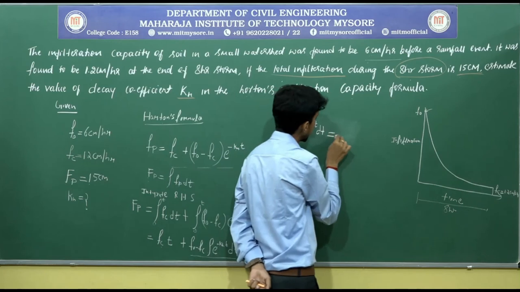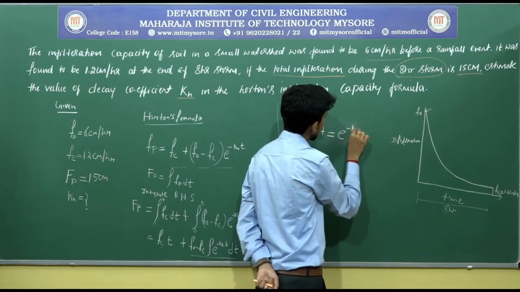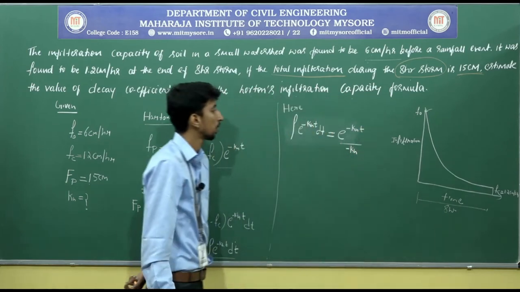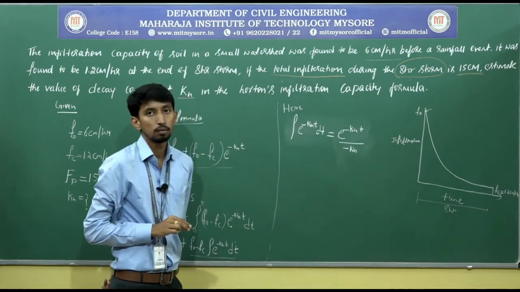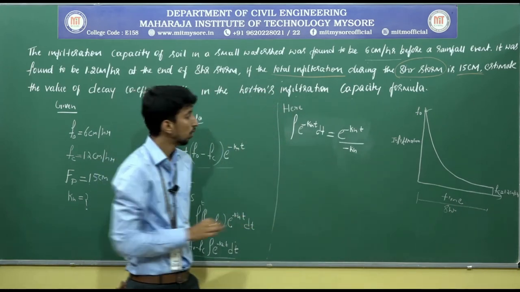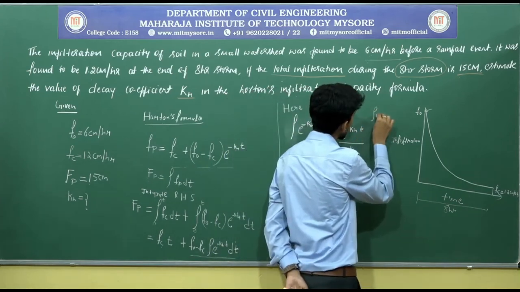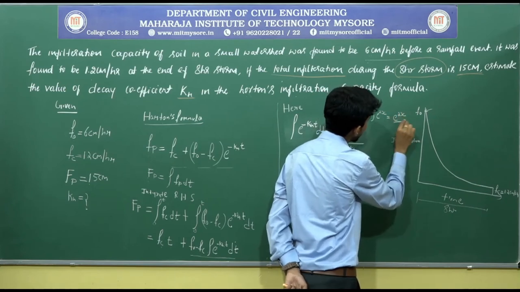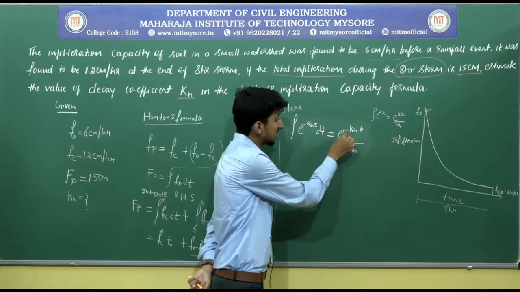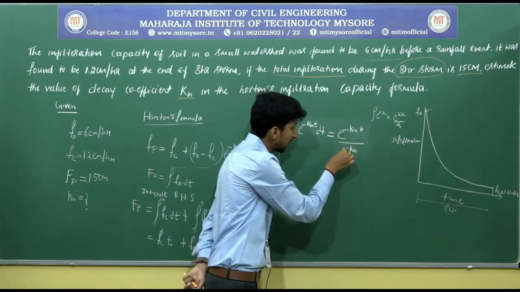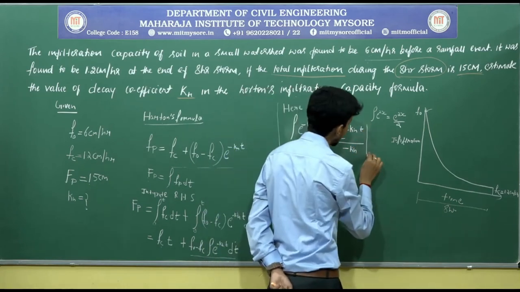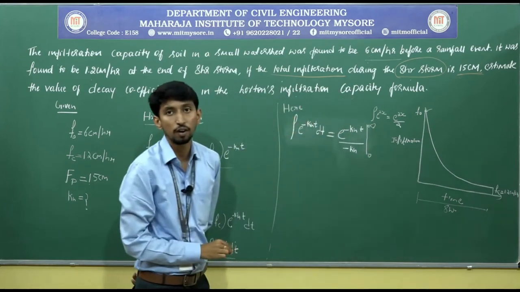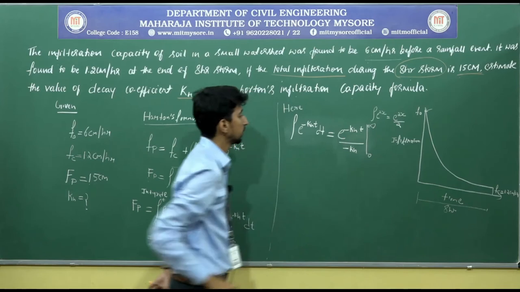Here it is e power minus kh t by minus kh, because, let us consider an example, integration of e power 2x is e power 2x by 2. Similarly, the integration of e power minus kh t is e power minus kh t by minus kh. Here the limit changes from 0 to infinity.